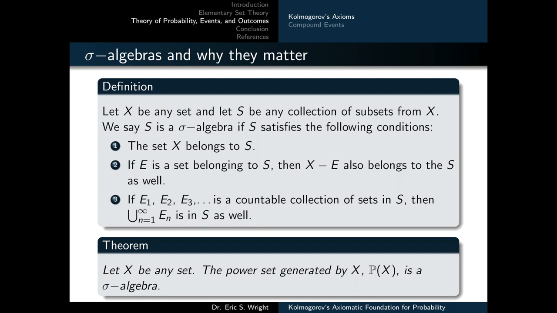It says let X be any set. The power set generated by X is a sigma algebra. So remember, the power set of some set is just the collection of all possible subsets of that set. And so by that theorem, which we're not going to prove, any power set automatically satisfies the properties of a sigma algebra.